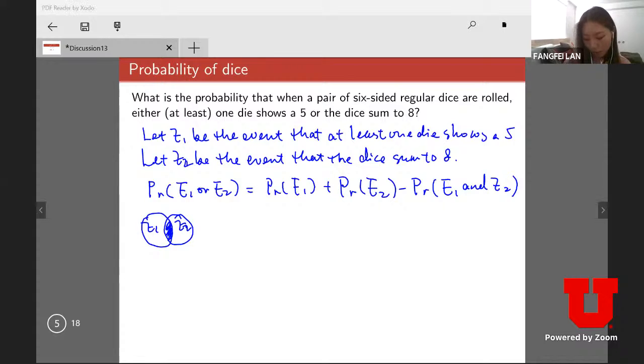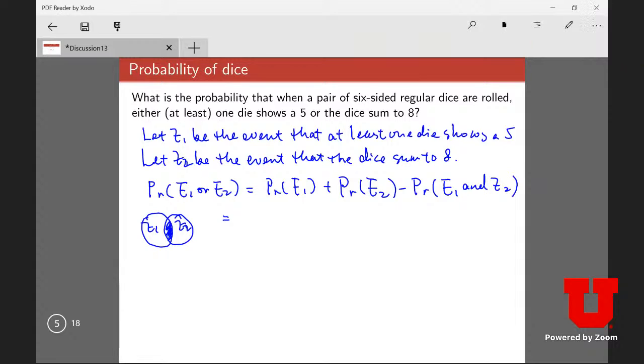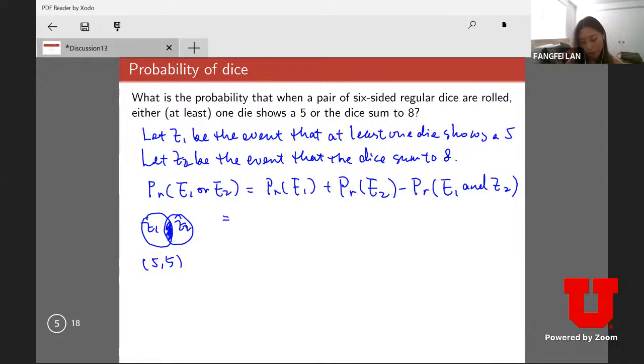Okay, so how do we compute the probability of E1? E1 means at least one die shows a 5, right? There are only 36 options. Would it be 2 times the probability of one die being 5? Yes, but it's the same thing, right? You would have 5, 5 that shows up in both.